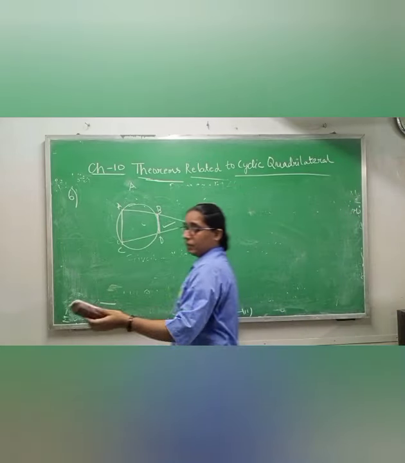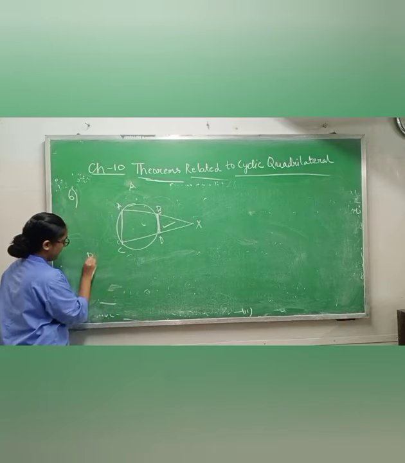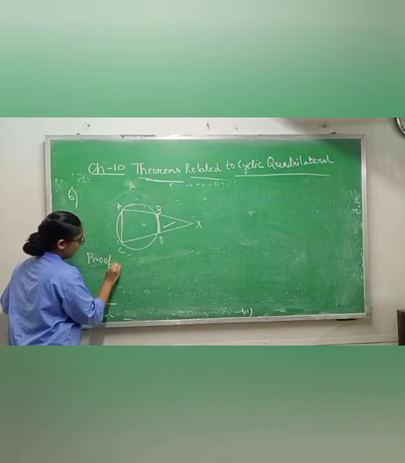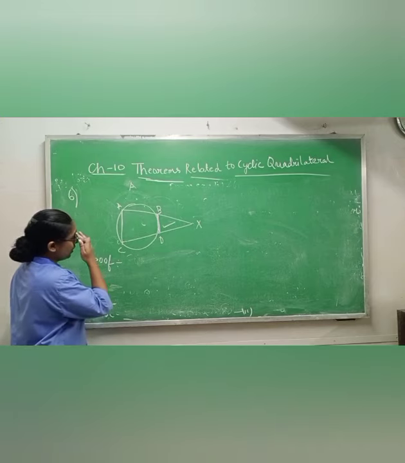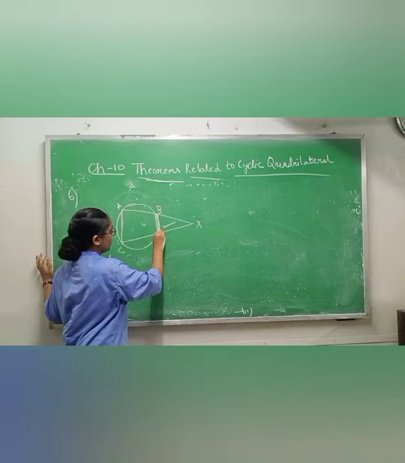Now in the proving part, what will you write? Prove. Okay, how will you prove? Now see, this is a quadrilateral. Okay, this one is a quadrilateral.